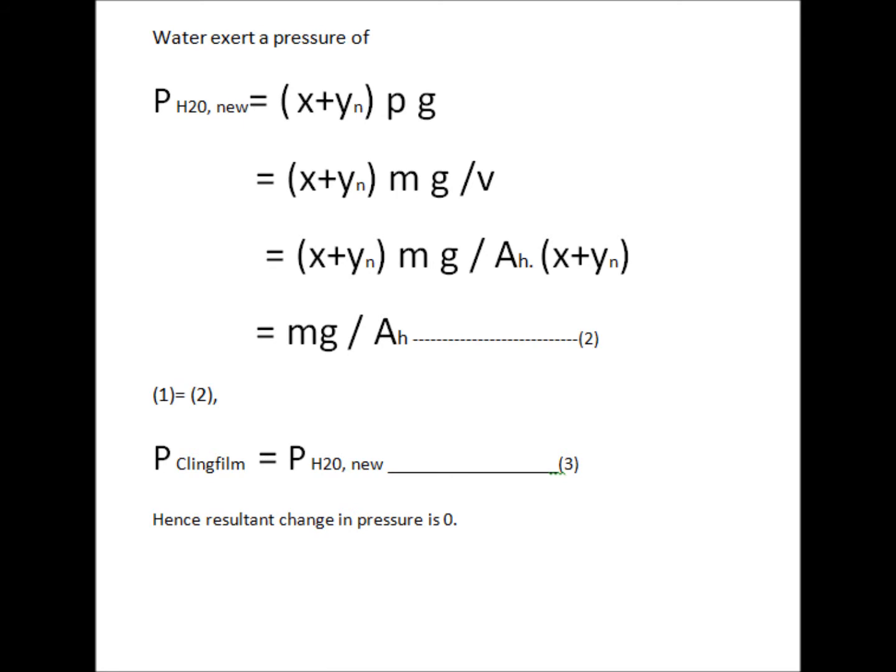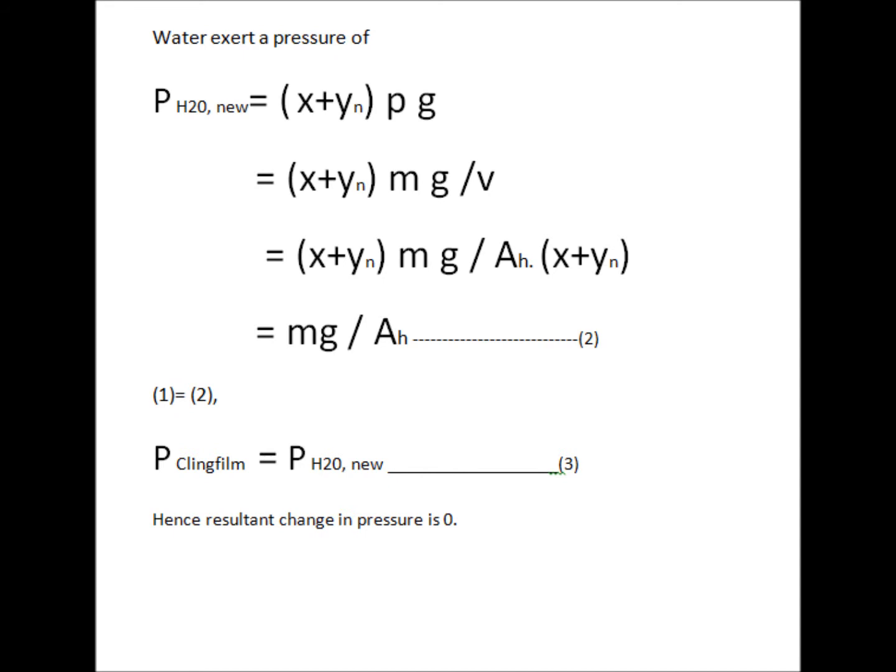Now, as we sub in this expression, our new equation will be (x + y_n) multiplied by m multiplied by g, which is gravitational acceleration, over A_H, which is the area of the hole, multiplied by (x + y_n), which is the height of the water above the hole.